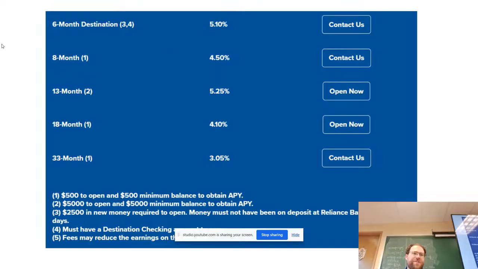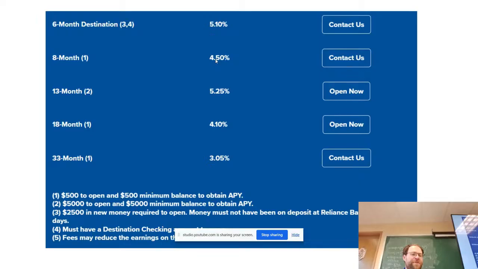Now, the next one here, there's usually some conditions that go along with these. Like, for example, the 8-month CD. You need to have $500 to open it and keep a minimum balance of that in there to get the 4.5%.